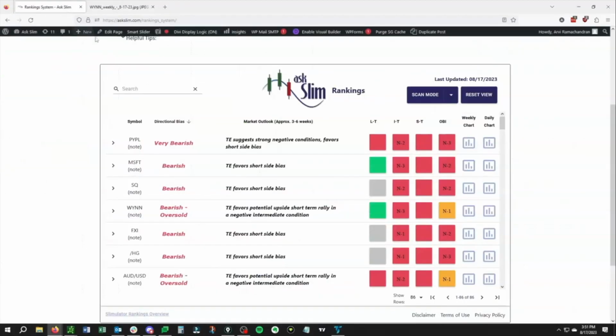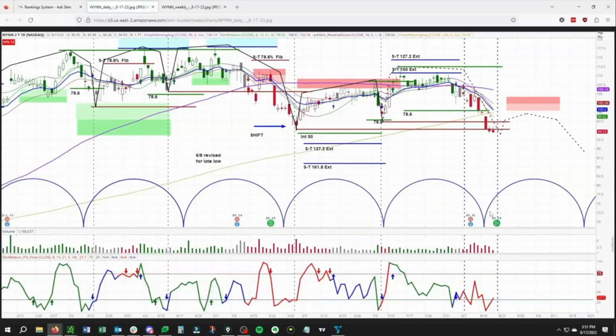Now let's go ahead and move back to the ranking system and then pull up the daily chart. It said in the outlook that it favors a short-term rally in an overall bearish intermediate term condition. That's exactly what we are looking for based on this daily cycle analysis as well.